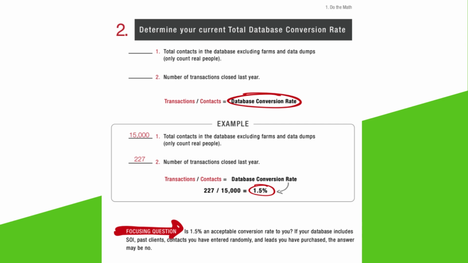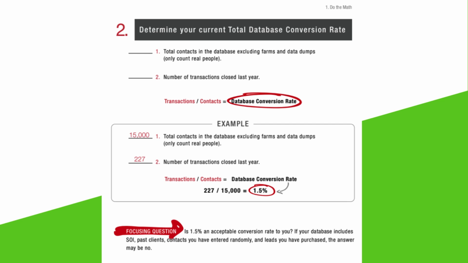Sure, hold on. Let me pull up my goals. My average sales price is 372 on the sell side and 405 on the buy side.